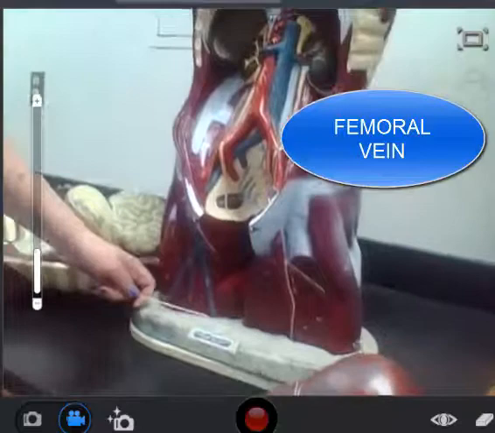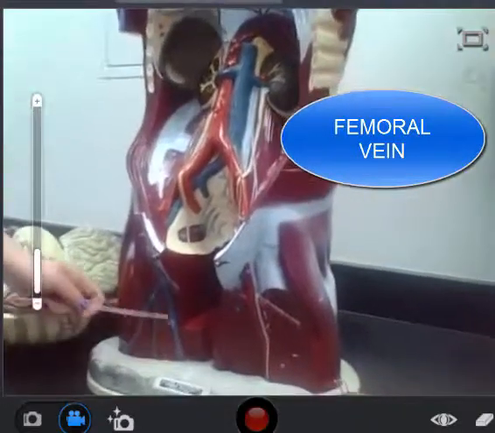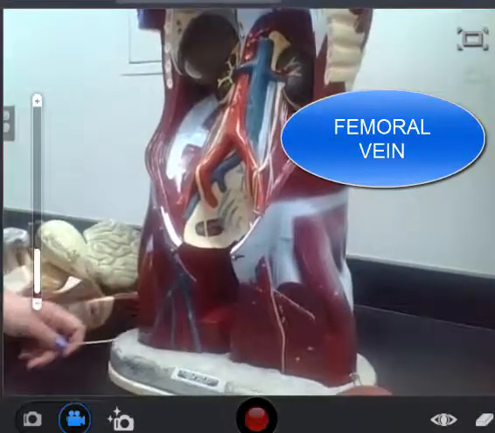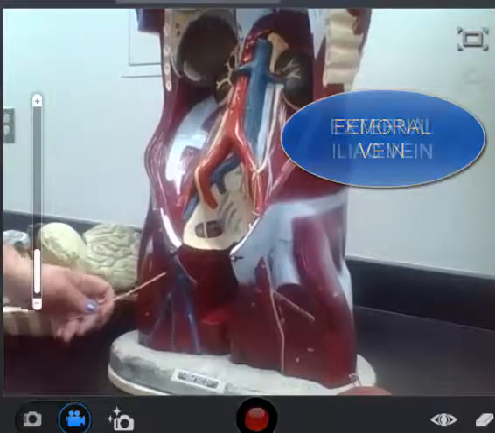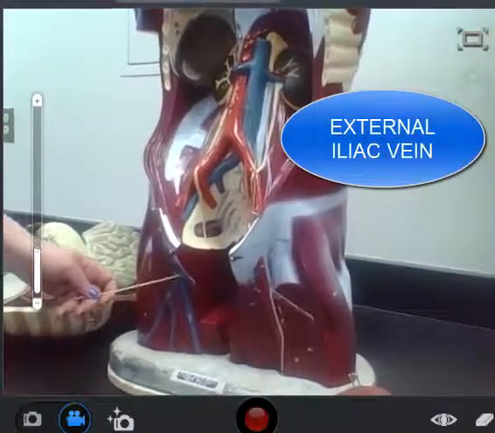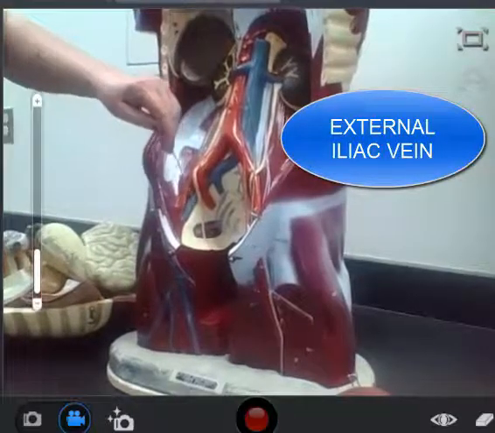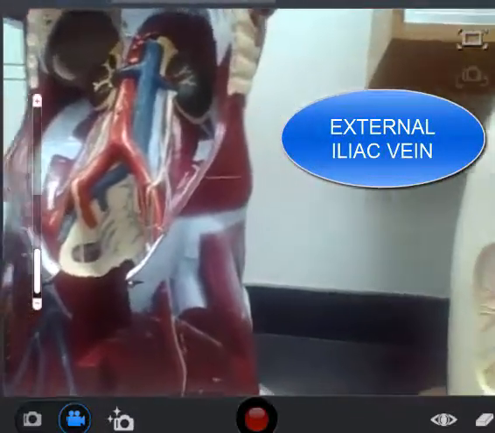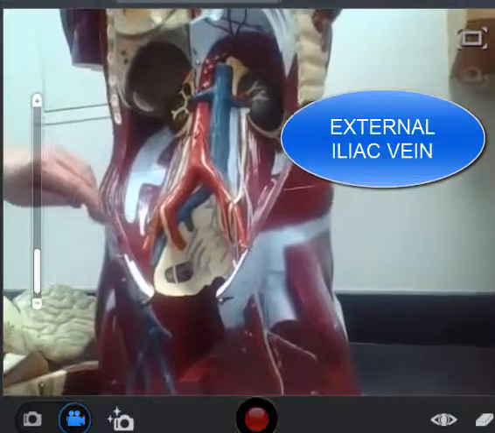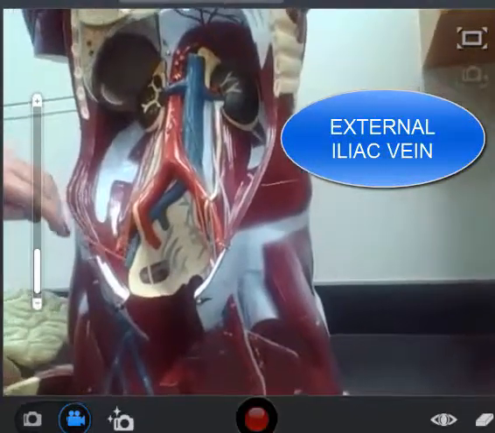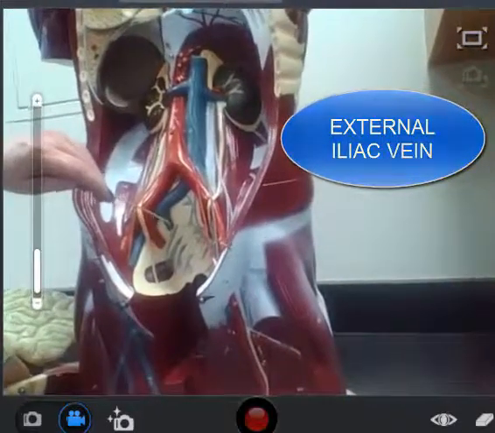For the veins, as soon as we get to your femoral vein, okay, then that's going to go up, and this is going to be your external iliac vein. Okay, this is your internal iliac vein.